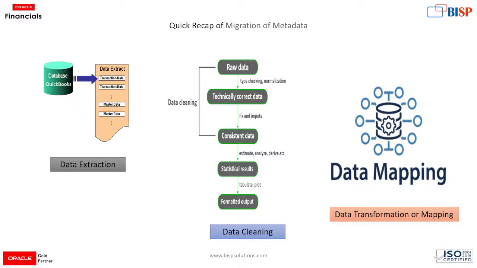Before going to data import and loading of data in the target system, or say the Oracle Fusion application, let's take a quick recap of the previous session. In the previous session, we covered data extraction. Data extraction involves retrieving information from the database used in the QuickBooks application, or say the source system.